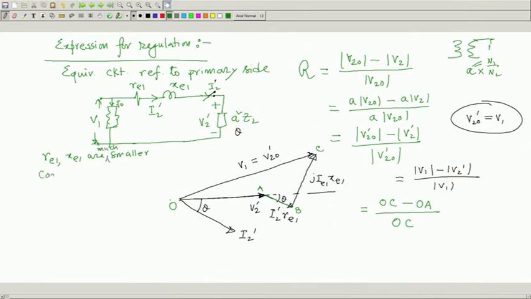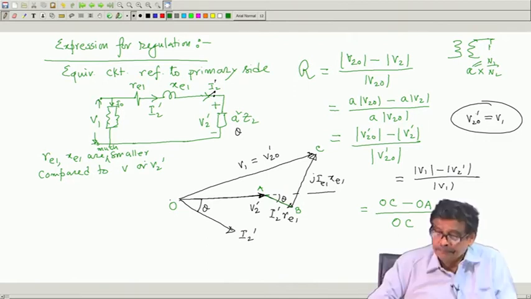Compared to whom? Compared to these voltages, compared to V1 or V2 dashed. Do not forget to attach these. These are quite small, although I have drawn very large here, so that some geometrical concept I will apply.